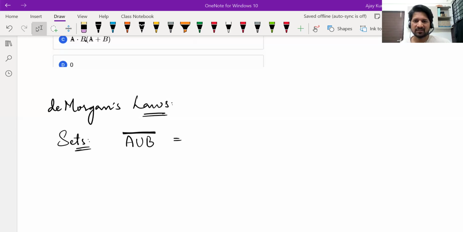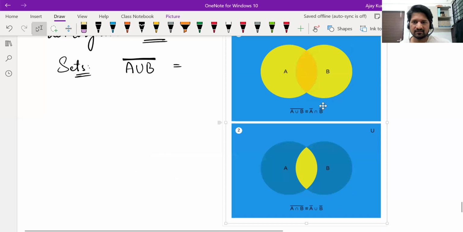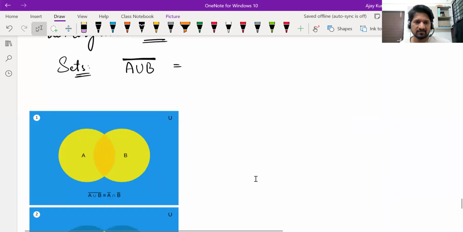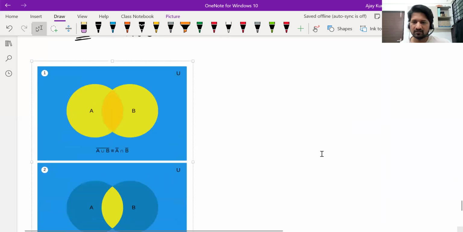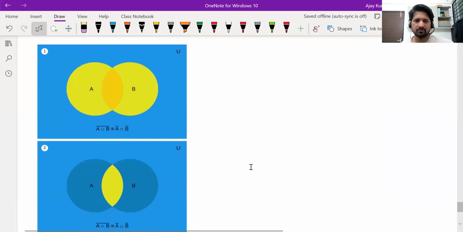I mean, how will you write the symbol for it? Okay, let me take help of this diagram from Wikipedia. Simple. A union B whole bar is A bar intersection B bar.